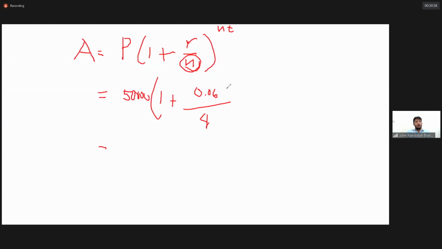So divided by 4, to the power of 4 times t. Our t here is still 10 years, because we want to know the amount invested for a period of 10 years. So what is your answer here, guys? Double check and give me your answer in the Zoom chat.